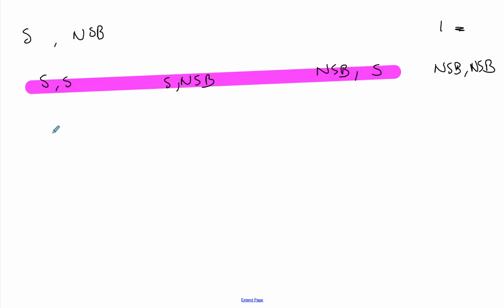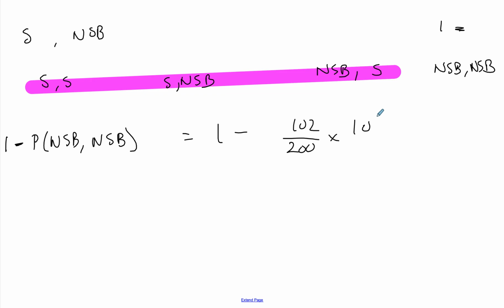So your idea is that I have the probability of no seatbelt happening twice, and I don't want this to happen. When I don't want this to happen, it means that I want at least one of the options to have a seatbelt. So that's taking the complement. So we could do that. 1 minus not taking a seatbelt is 102 over 200 times 101 over 199. And it should give you the same answer, 0.741, when you do the 1 minus.